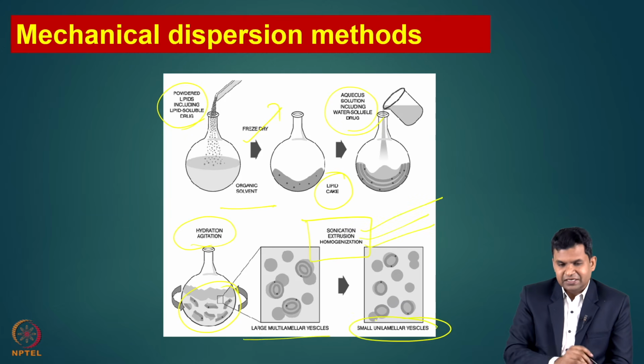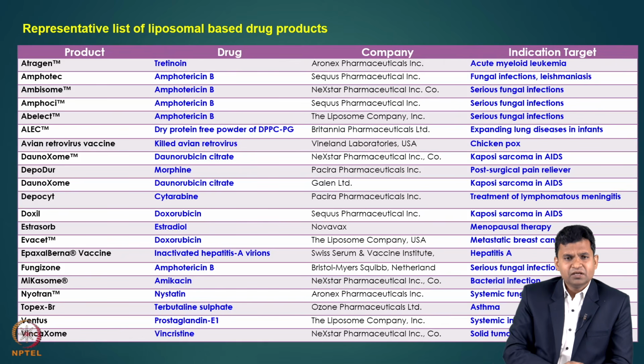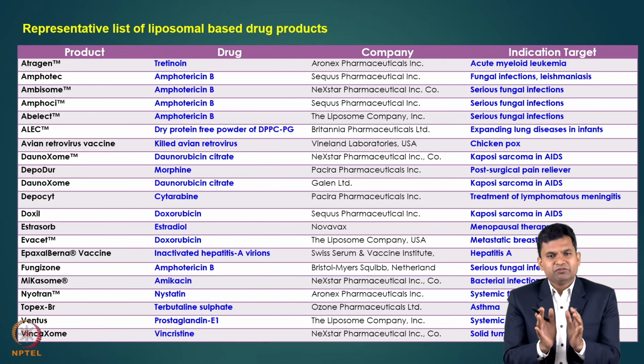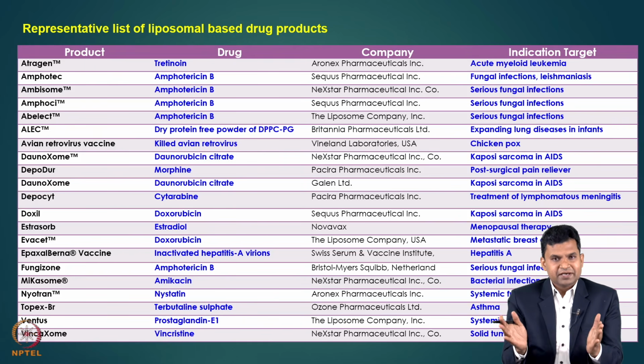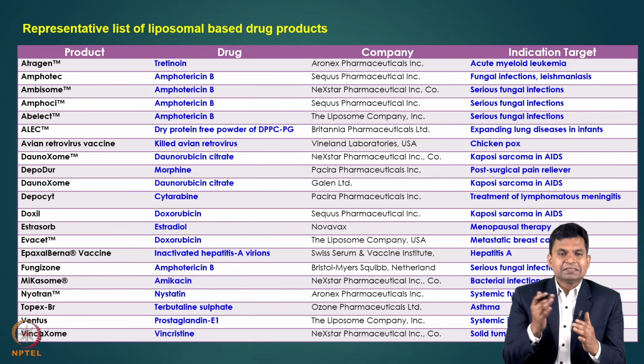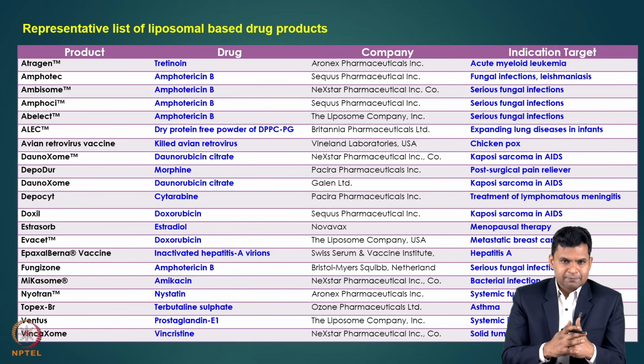With that you will get small unilamellar vesicles. So, based on the nature of your lipid, the nature of your drug and the type of carrier, you can select the required method and get the right liposomal carriers.